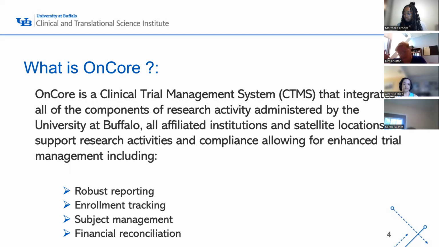It is web-based, which is kind of nice because you don't have to be sitting in your office in order to get into the system and do what you need to. So if you're out at one of the affiliated institutions, at a physician's office, or at a clinic, whatever it is, it's accessible to you so that you can manage your study and your patients.